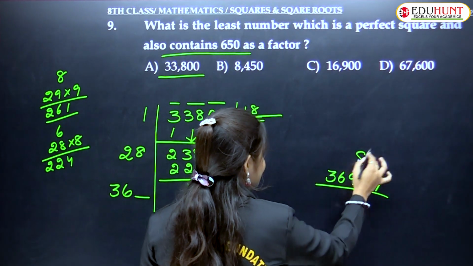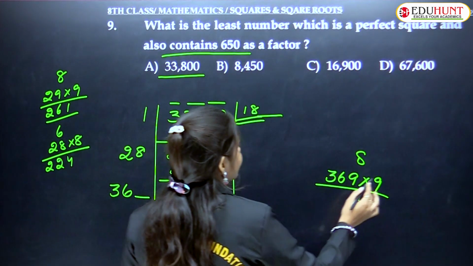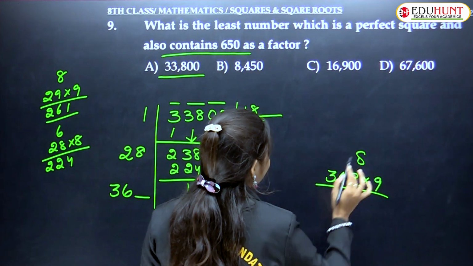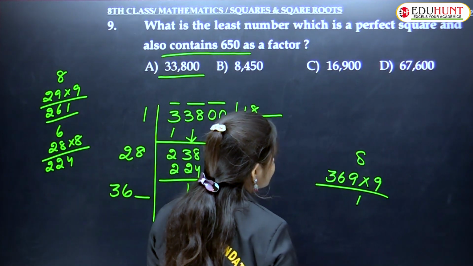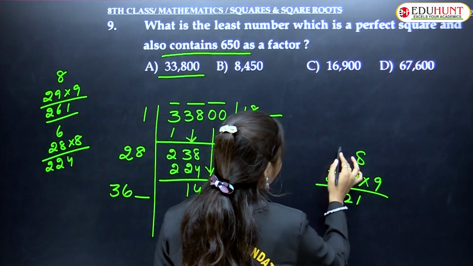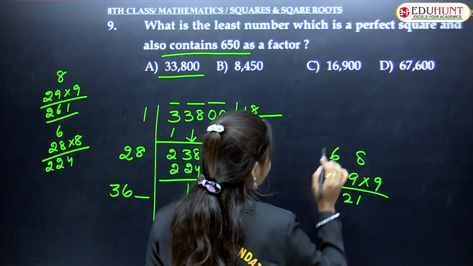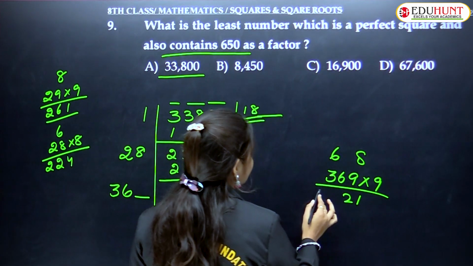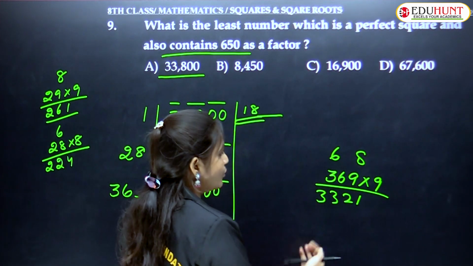9 9s are 81, 9 6s are 54 and 8, which equals 62. 9 3s are 27, 27 plus 6 is 33. So this is 2 more.